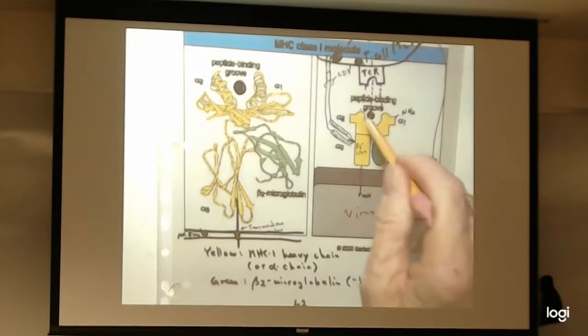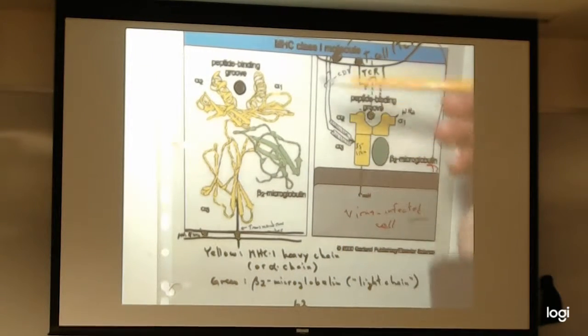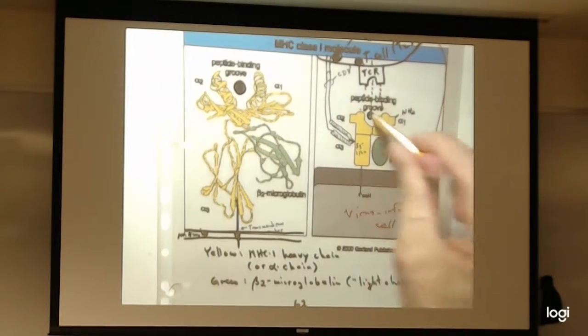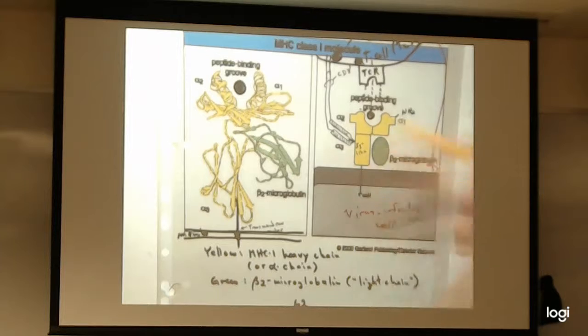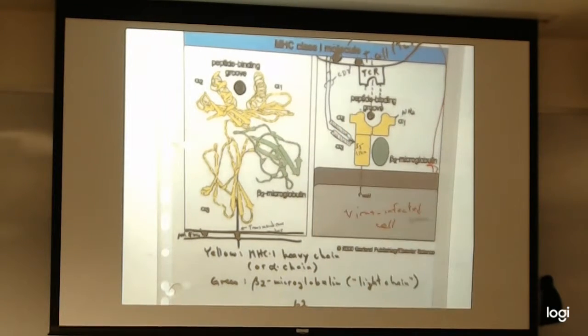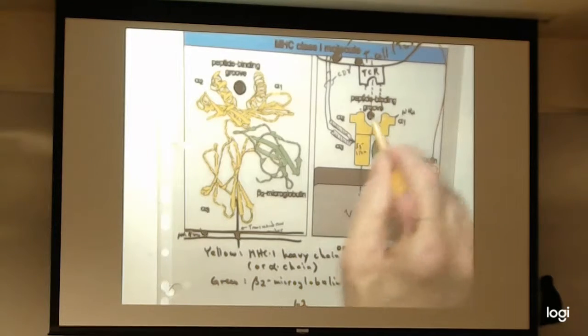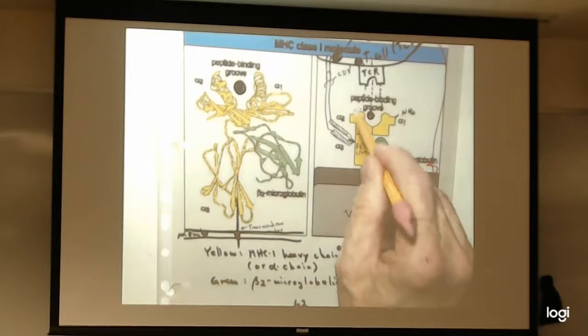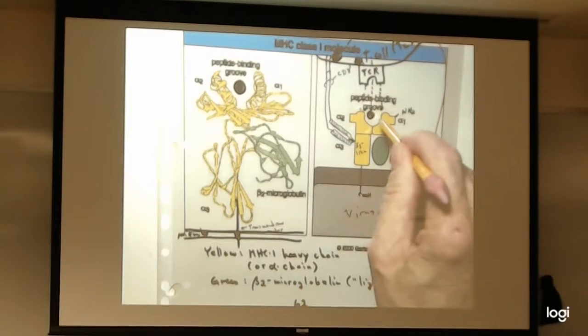We're looking kind of in cross section at the foreign peptide. My pencil would be the foreign peptide, and we're looking at a cut through my pencil here. That's what that little ball is. So this is a long groove here, a little valley in which this long peptide pencil is sitting on the floor of that valley, which is created by this structure right here.